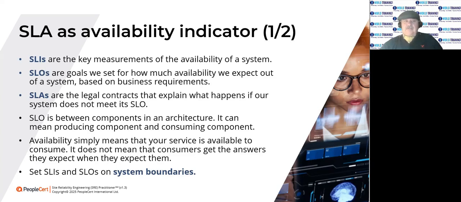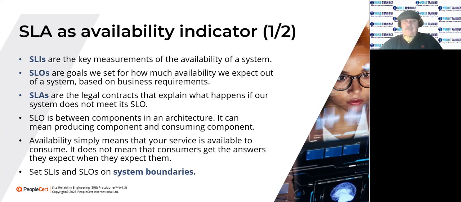And SLAs, service level agreements, are the legal contracts or part of your terms of service between you and your customers that explain what happens if your system doesn't meet its SLO. What are the penalties and so on? The fourth bullet here is SLOs are usually objectives set between a client-server boundary.